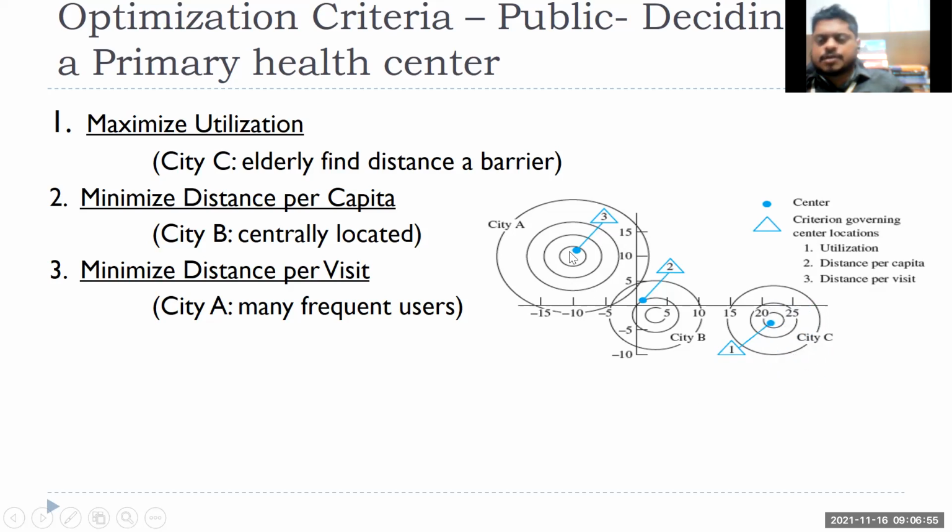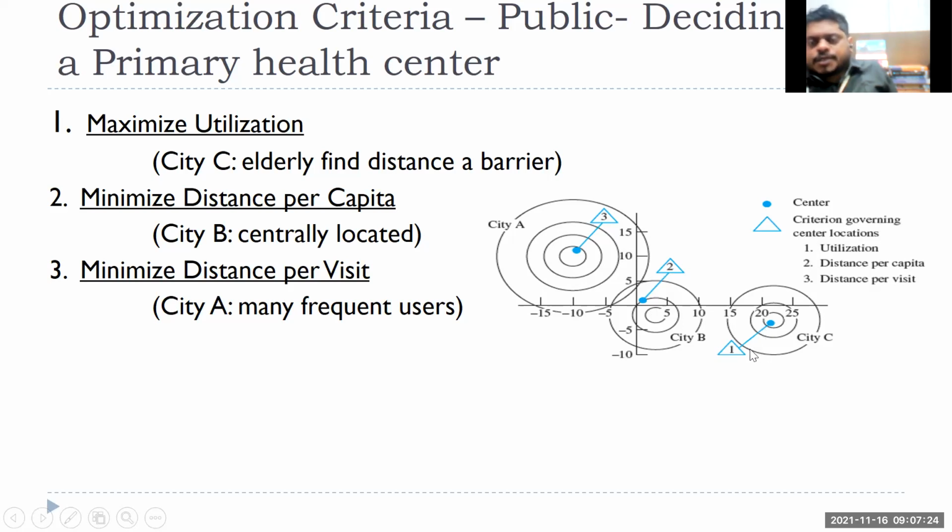City A is one of the big cities, so you have many children and elderly people, a right mix of people, and you know that many patients or much utilization will happen. Then city B is centrally located, right? So now what you have to decide is, as the government, where I should put this primary healthcare center, whether it should be placed in city A or city B or city C, right?